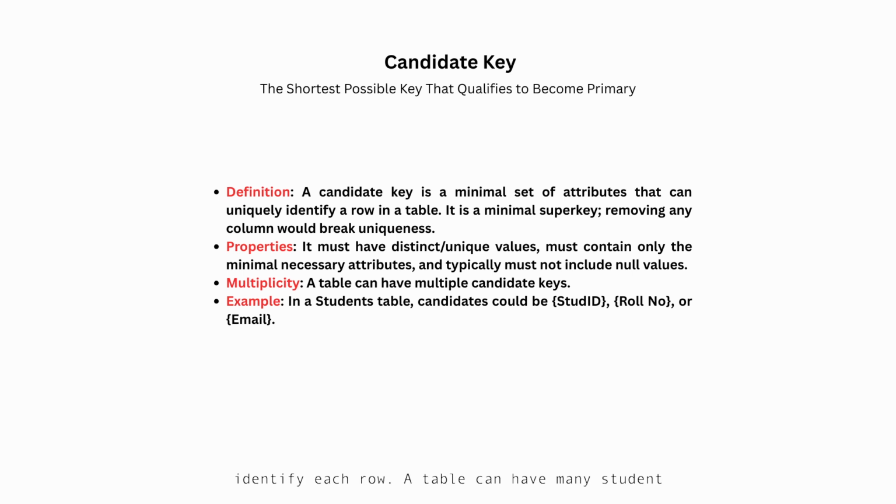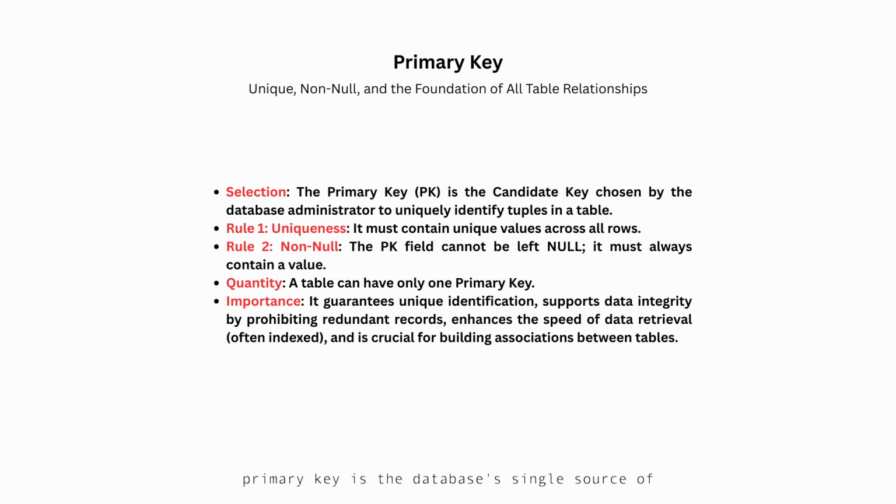A table can have many; student ID, email, or roll number could all qualify. Among them, one will be crowned the primary key, the official identifier that defines entity integrity. The primary key is the database's single source of truth, one per table, always unique and never null.